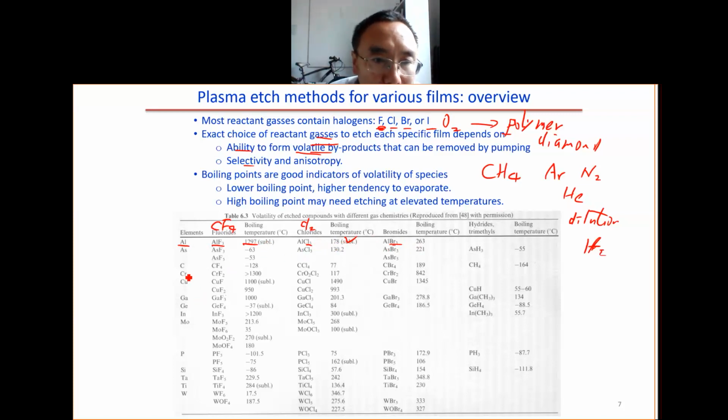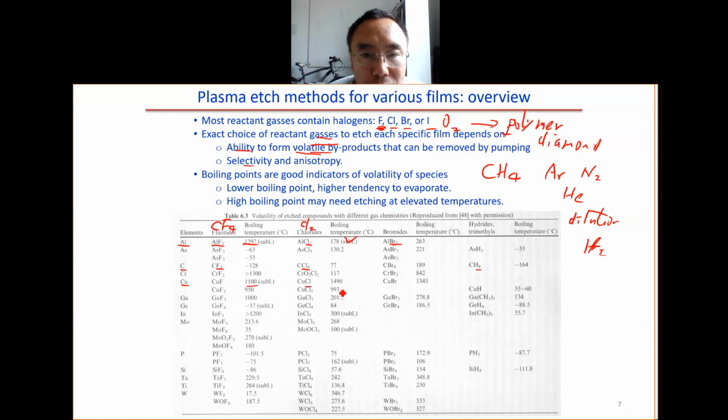For other materials like carbon, carbon can be etched away by fluorine gas and chlorine gas, and also hydrogen. This one I'm not clear about. It looks like it's okay, but I don't think people etch carbon with hydrogen gases. For copper, you see this one has a very high boiling temperature, so it is hard.